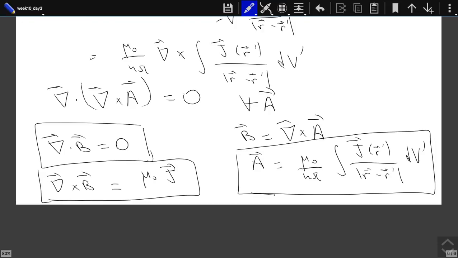If you remember the electrostatic potential, we had the charge density evaluated at the point r prime, divided by the distance of my point r to that point r prime, summed over all r prime. It just looks like the electrostatic potential, with the only difference that the charge density is replaced by the current density. Since this is a vector, the potential also becomes a vector. This is called the vector potential.